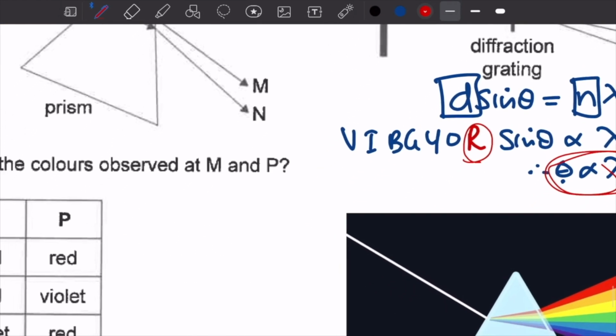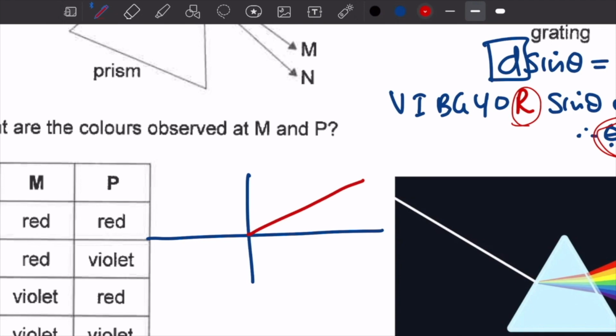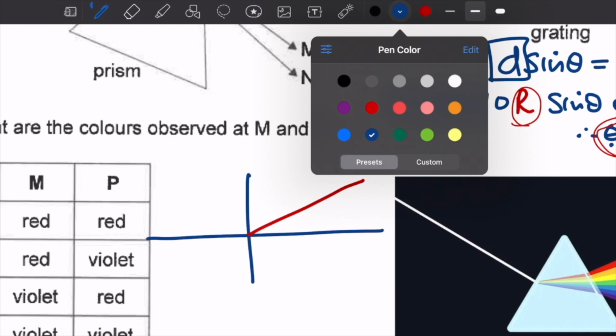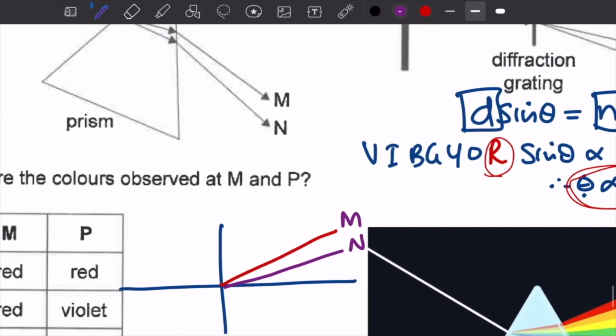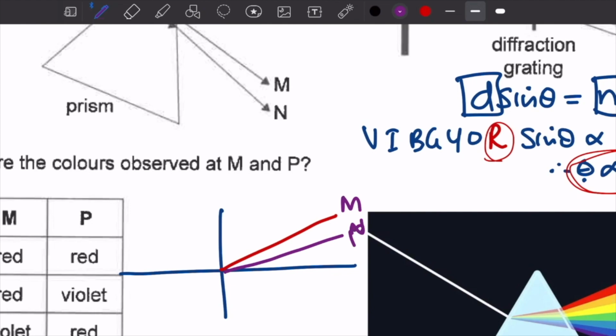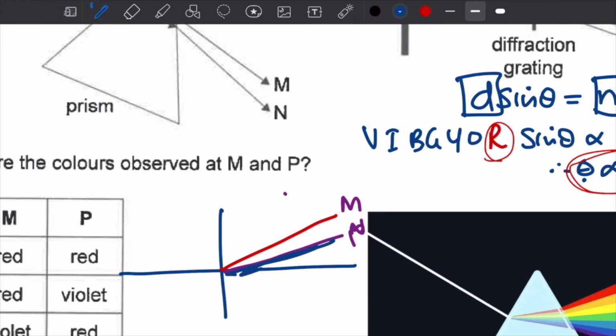I will draw this here: this is the diffraction grating and the colors will come, and red will go here and violet will be somewhere here. So M and N has to be violet, and they are talking about blue. This is blue.